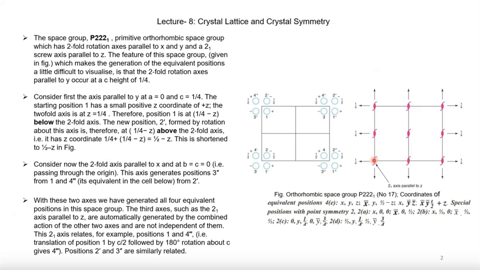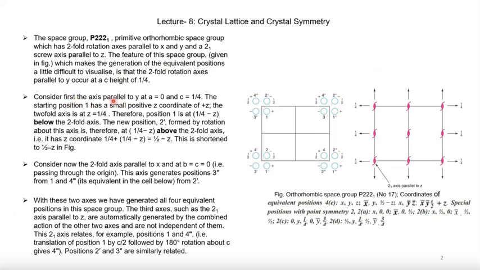So here, to visualize the equivalent position is a bit difficult because of automatically generated other symmetry elements. And therefore, let's talk about it in a little bit more detail, otherwise you do not understand much.